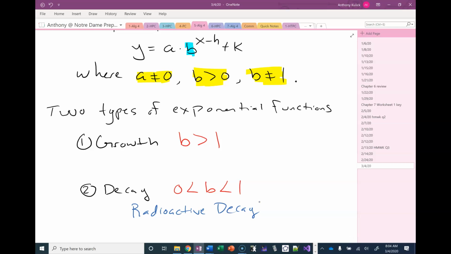That process is called radioactive decay. One of the ways that we measure how radioactive a substance is, is by its half-life. It's the amount of time it takes for the mass of that element to be reduced in half because it's losing part of itself through this radioactive decay process. That process happens exponentially.